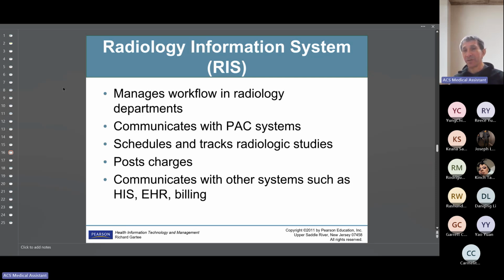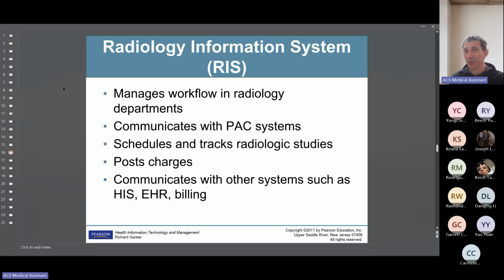It is interfaced with the health information system, the electronic health records, and with the billing department. That's the purpose, because the billing department needs to see whether this was actually an X-ray, a CAT scan, or an MRI. Why?